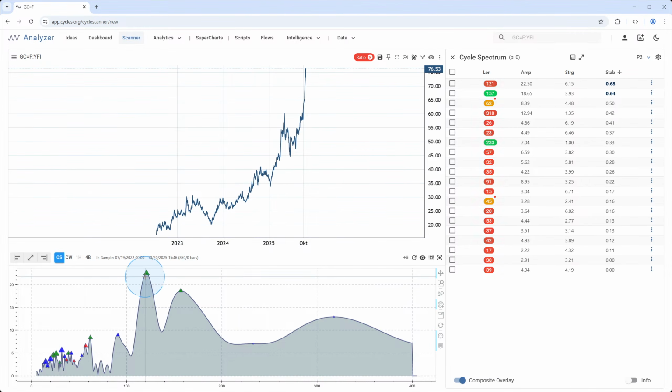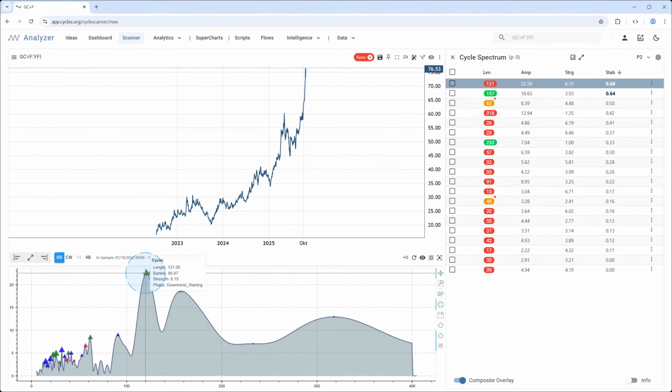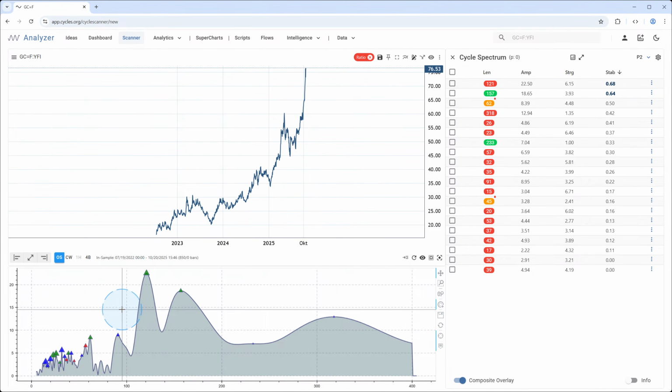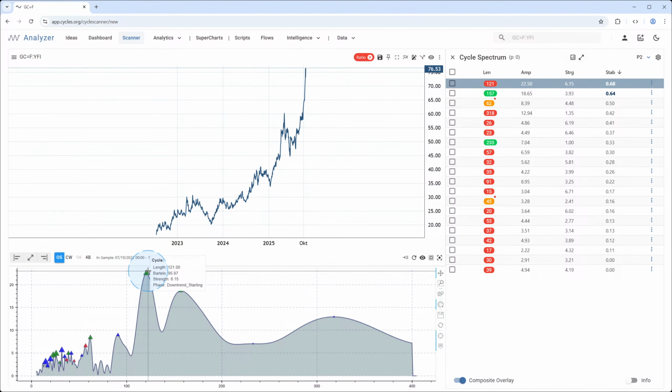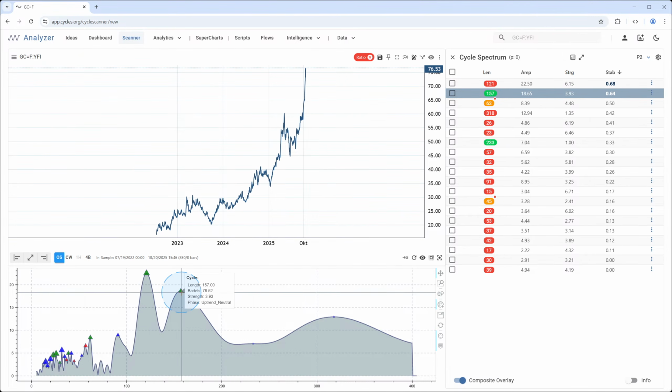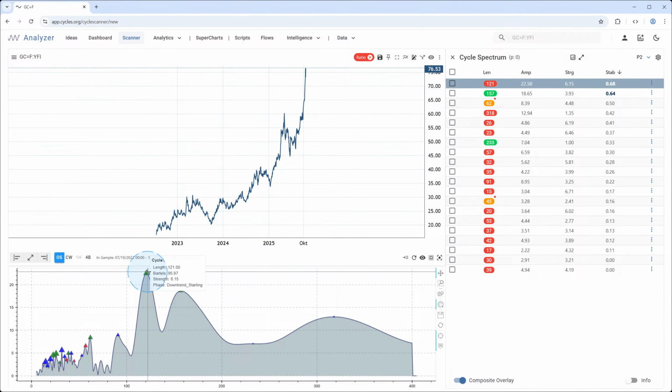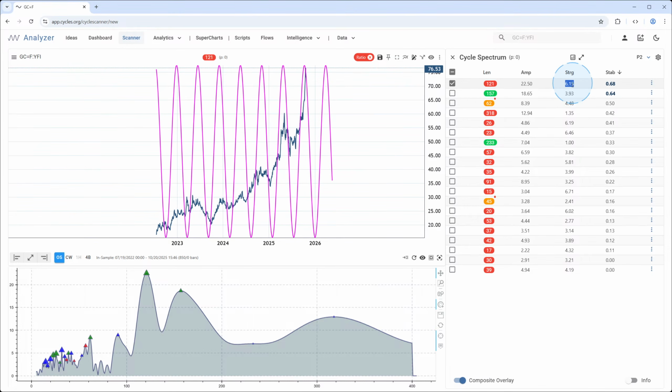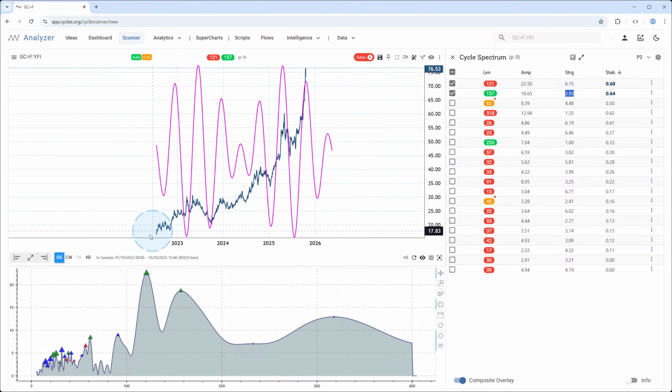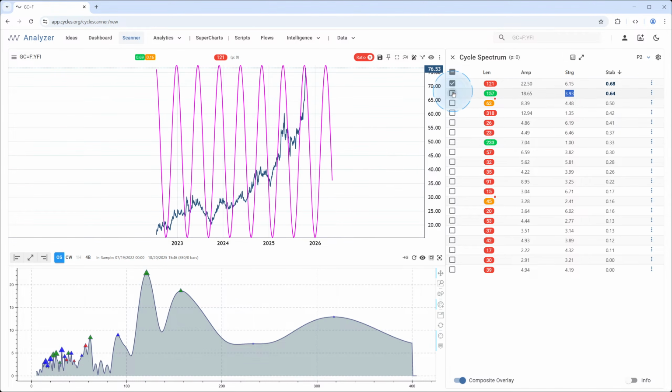So here we have a quite obvious picture. There's one key cycle which should be used, the 121, and the 157 maybe, so let's discuss those two here. But the 121 is the first obvious one with double the strength of the other one. So that's the most dominant one, and that's why I would maybe first ignore the 157.